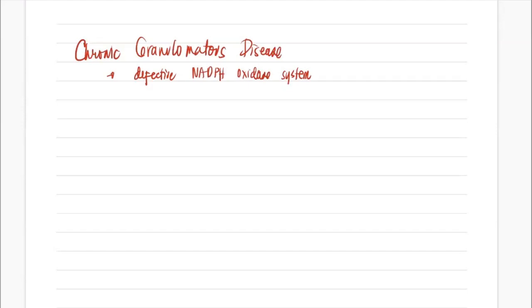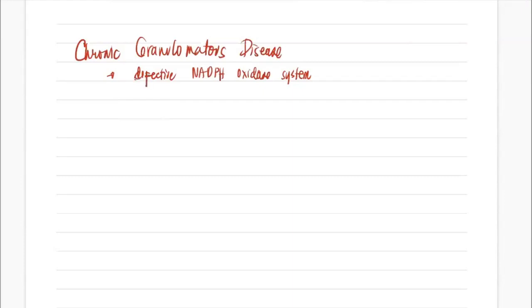Kasi there are two ways in order for the phagocyte to digest or to kill the offending agent. Meron kasi tayong tinatawag na oxygen-dependent pathway and oxygen-independent pathway. And both of those pathways involve yung NADPH oxidase. For example, in the oxygen-dependent pathway, take note lang natin yung function niya.